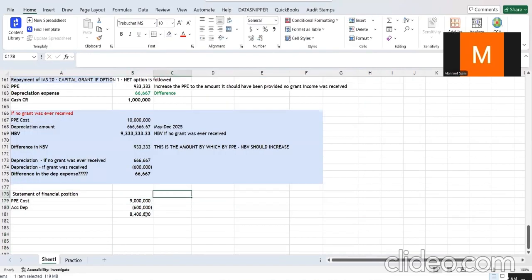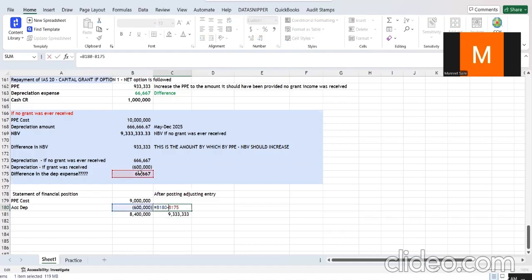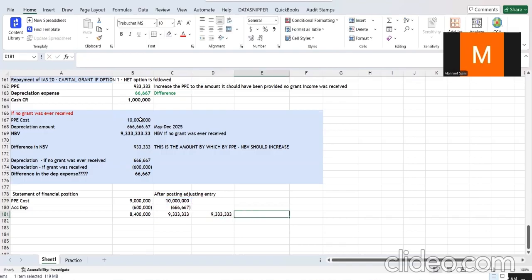I'm posting my adjustment entry. After posting the adjusting entry, my net book value should increase by this much, and then my depreciation expense should increase by this much. Oops, it should be minus, and then this should be 10 million, the cost that should be represented, and if I show this plus this, this also equals this.